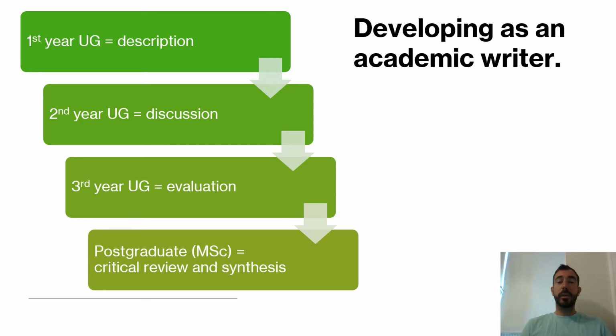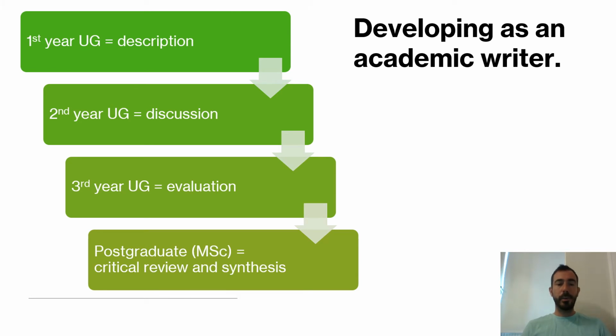Second year undergraduates are expected to discuss, looking at that content, showing the reader its important points and put it into context of other academic papers. Third year undergraduates should be evaluating, explaining the pros and cons, the challenges, the limitations, the positive aspects of the research and how it supports their own work.